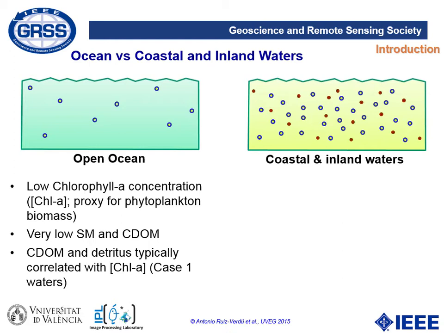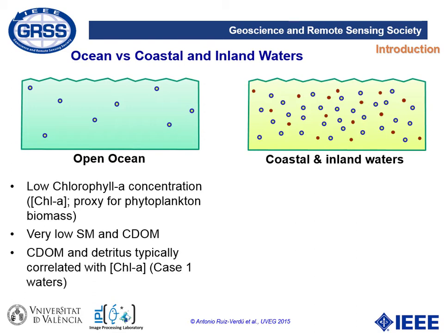In the open ocean, far away from the rivers and other sources of terrestrial materials, the concentration of suspended minerals is typically very low, and also the concentrations of CDOM, organic matter. And basically this organic matter and detritus are very well correlated with chlorophyll A.